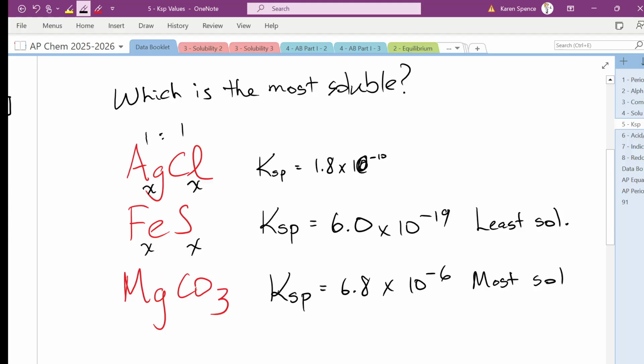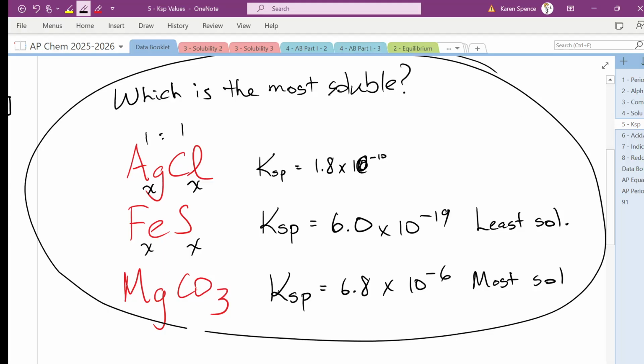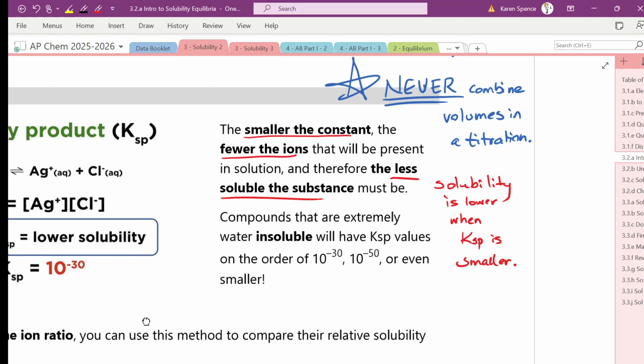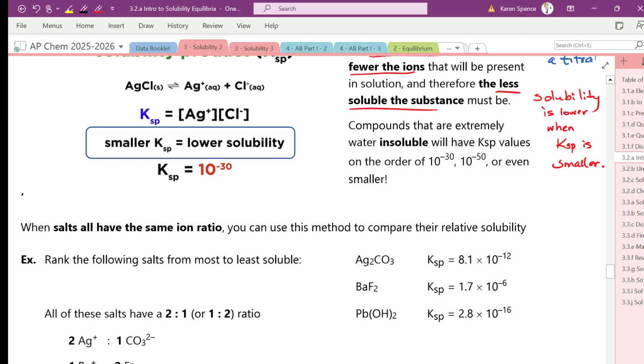So you can only do this kind of easy comparison when you have the same ion ratio. Don't worry about that too much. We'll talk more about it later. But it gives you an idea that the bigger the KSP, the more soluble it is. The lower the KSP in general, the less soluble it is.